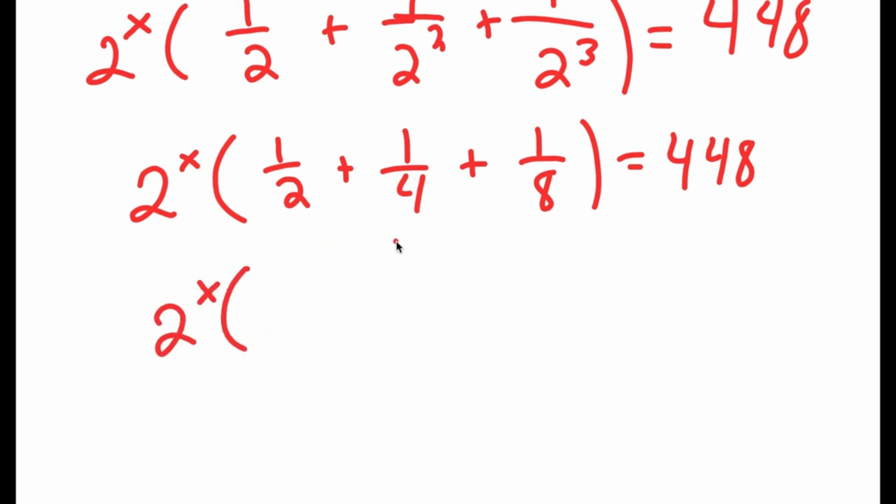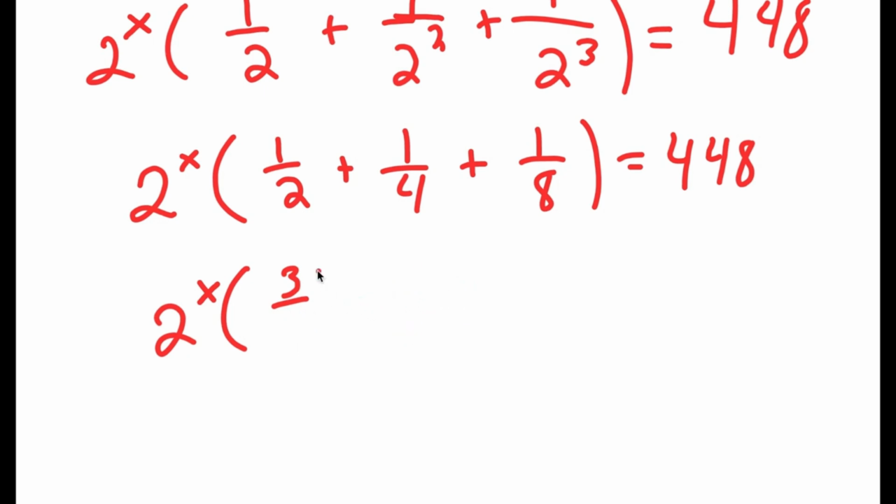Now 1/2 plus 1/4, that's going to be 6 over 8, which is equal to 3 over 4. And 3 over 4 plus 1/8, that's going to be 7 over 8.